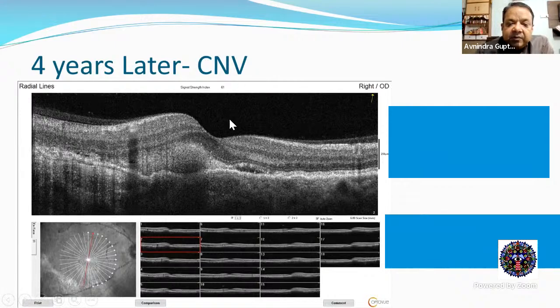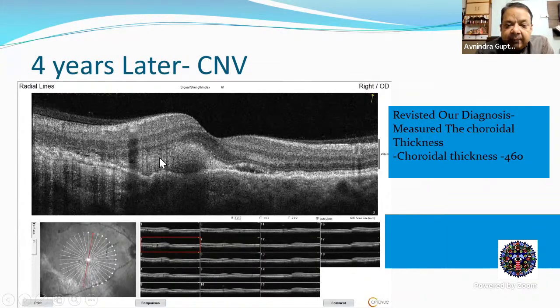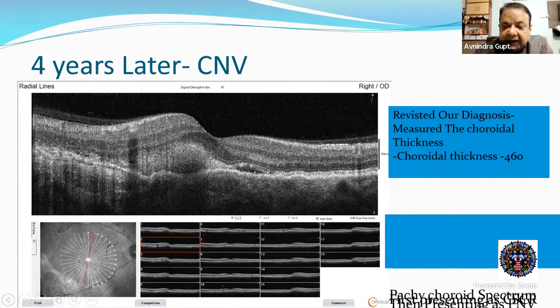In 2019, this patient comes with a picture like this, where you can see an RPE complex detachment with SRF, and you can see a CNV formation in a patient of CSR. At this time, we looked into the choroid, and you can see there is a thickened choroid suggestive of pachychoroid disease.